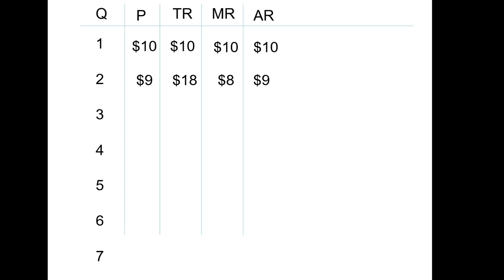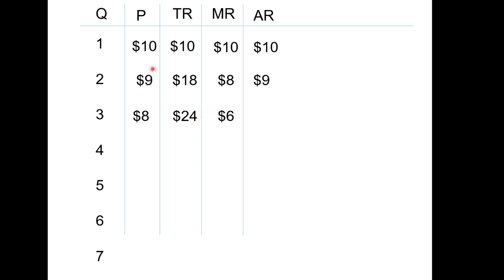All right? So again, to sell another product, I have to lower the price to 8. I lower the price to 8. 8 times 3 gives me 24. So my total revenue has gone up to 24. But let's look at this for a second. Total revenue was 18. It's now 24. The change, 24 minus 18, is the marginal revenue, which is 6.